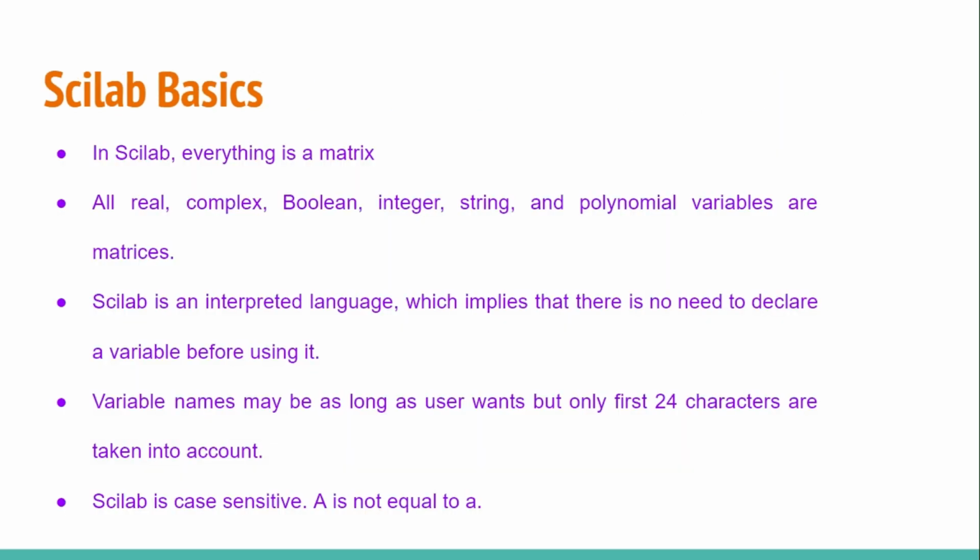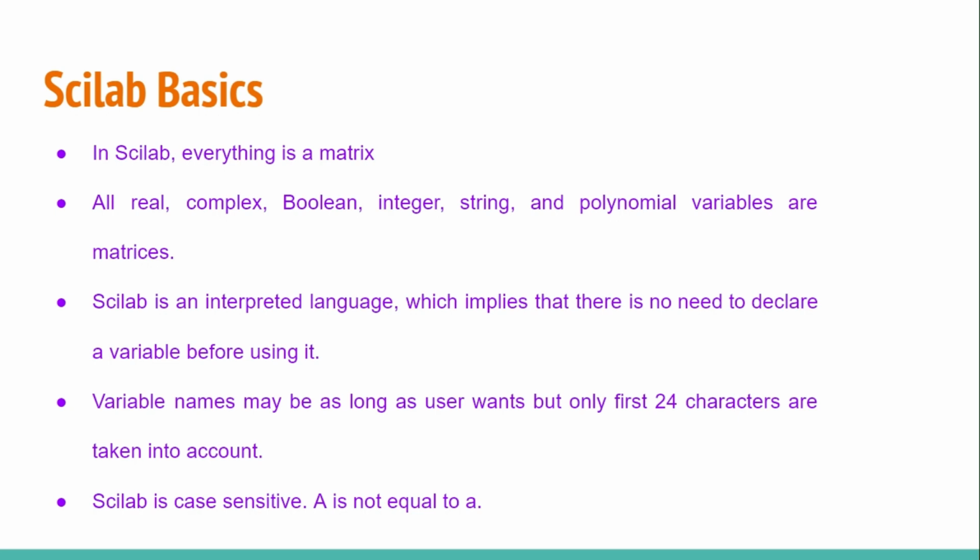Before moving to Scilab, we have to know about some Scilab basics. Scilab is especially designed for mathematical and scientific computing. That's why it is not restricted on data type definition. You can directly create any variable, and Scilab takes it as a matrix.